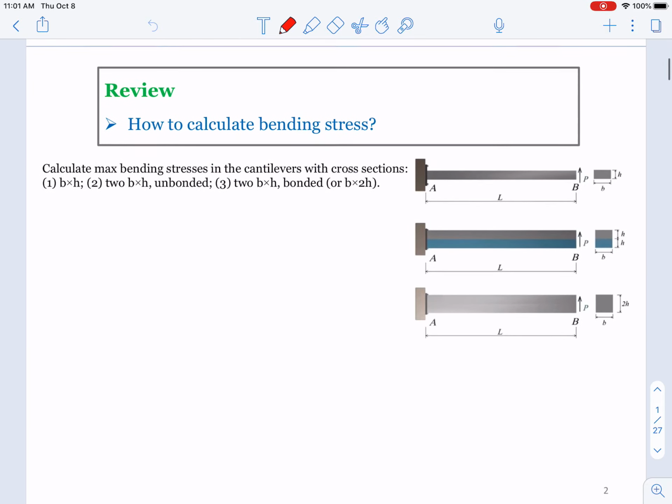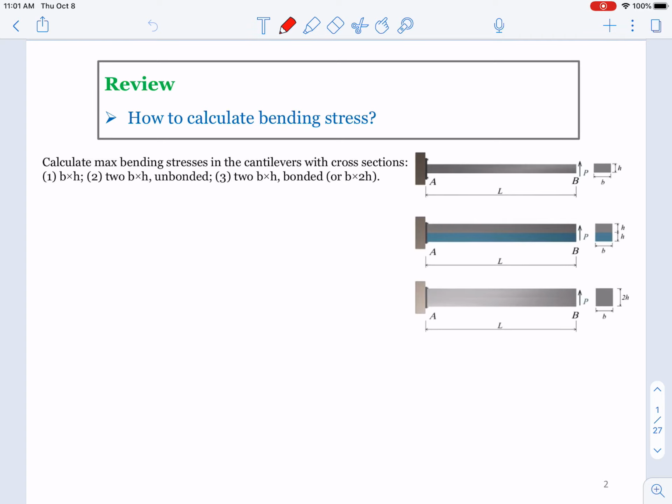Okay, before we talk about section transformation, we will review how to calculate the bending stresses in beams. The equations are very simple, and we have learned that the bending stress is actually a kind of normal stress.